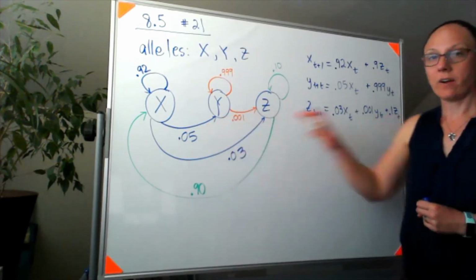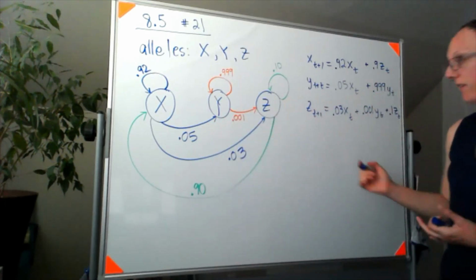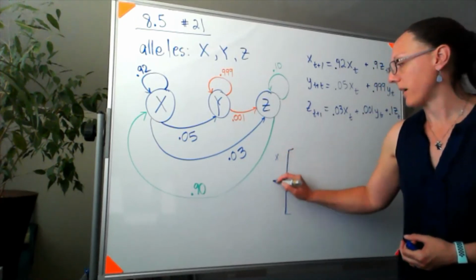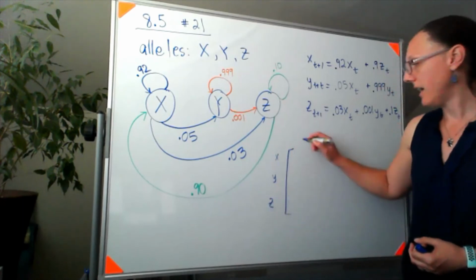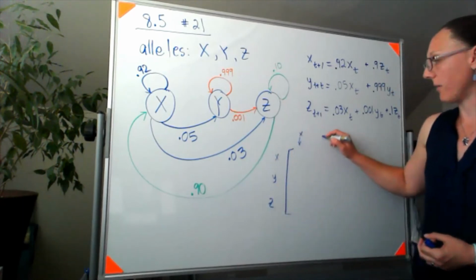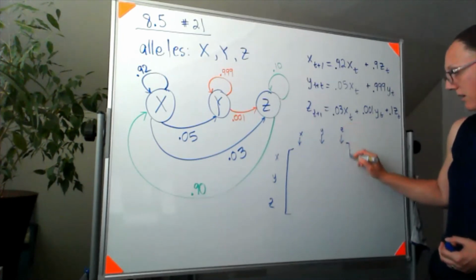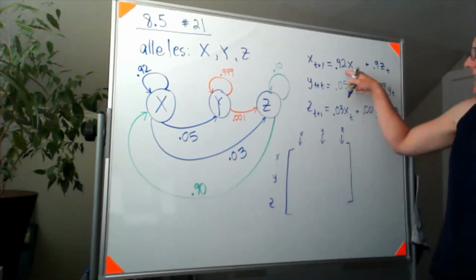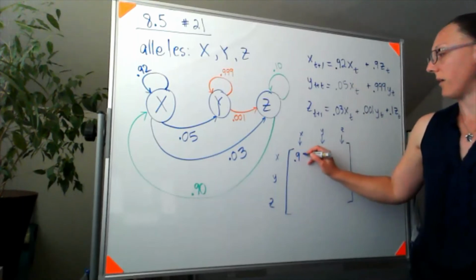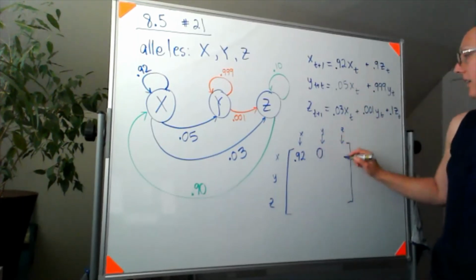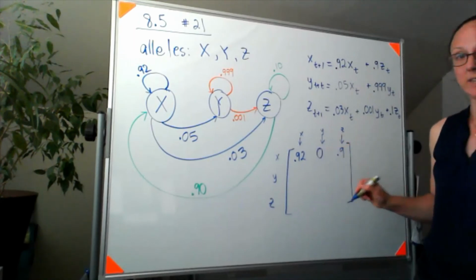So there's my diagram, my difference equations, and then if I were to write this as a matrix, here's my x, y, and z, and then the columns tell me where it's coming from: x, coming from y, or coming from z. So for my x, I've got 0.92 coming from x, nothing coming from y, and 0.9 coming from z.